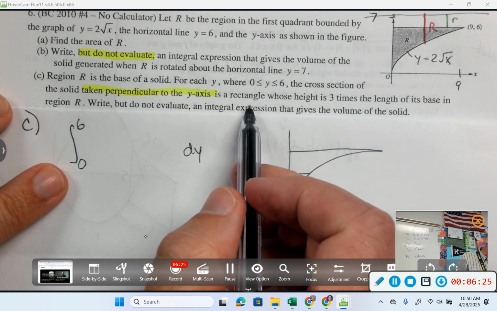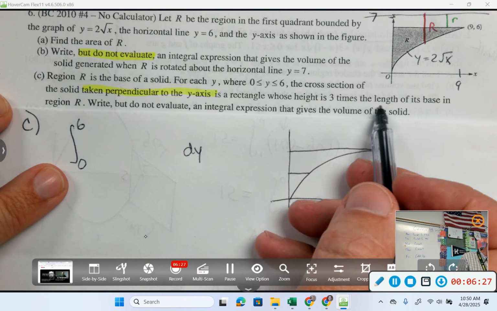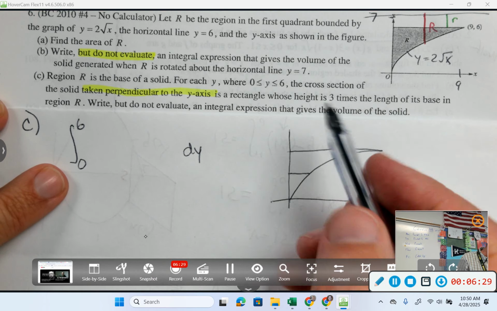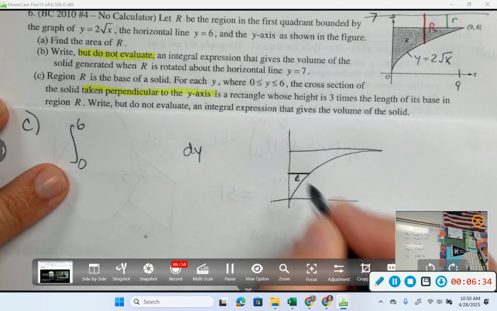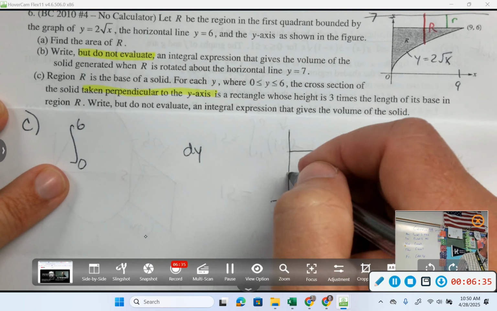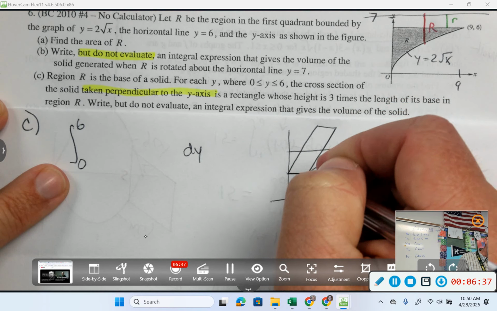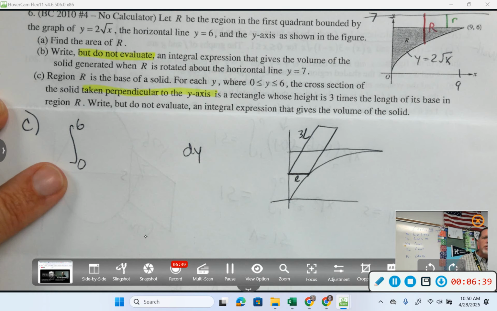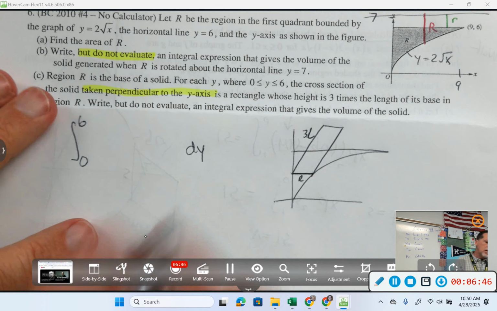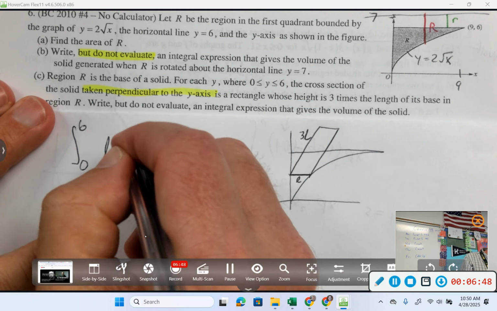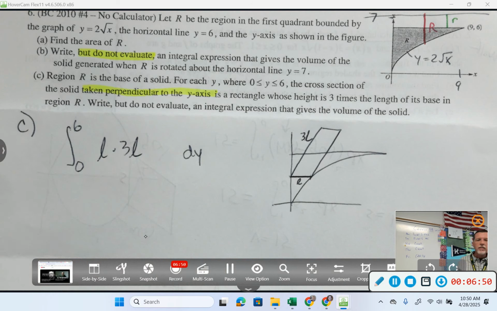It's a rectangle whose height is 3 times the length of its base in region R. Okay, so there's its length in region R. I'm going to call it L. And its height is 3L. So that's supposed to be a rectangle coming up out of the page. So L times 3L dy.